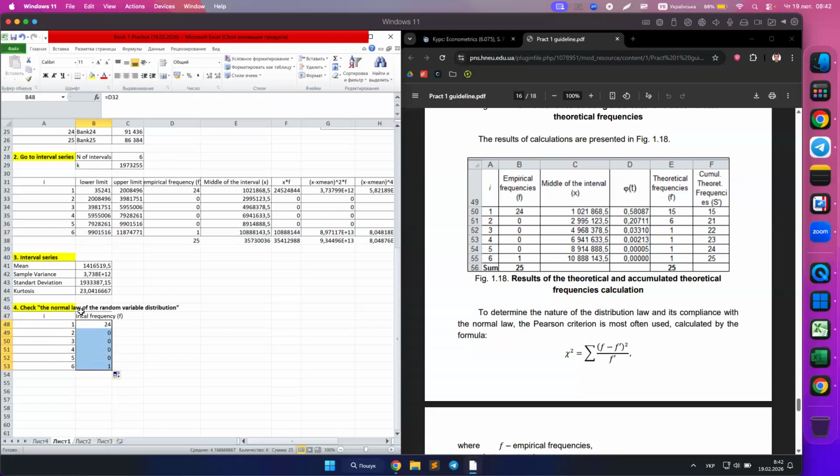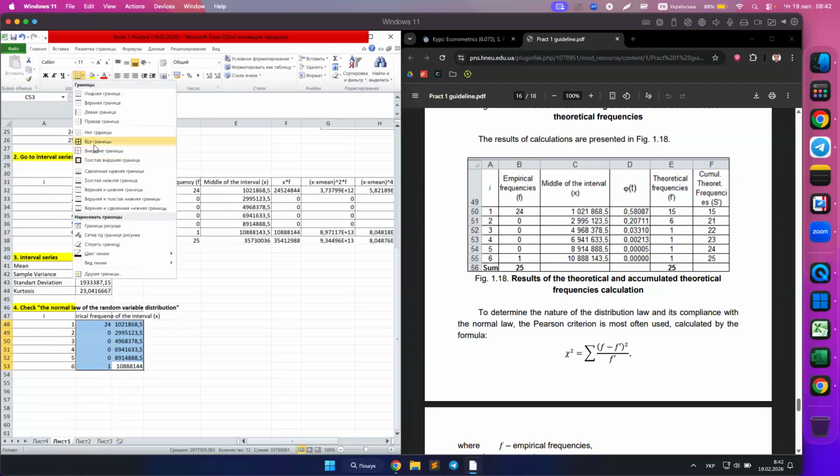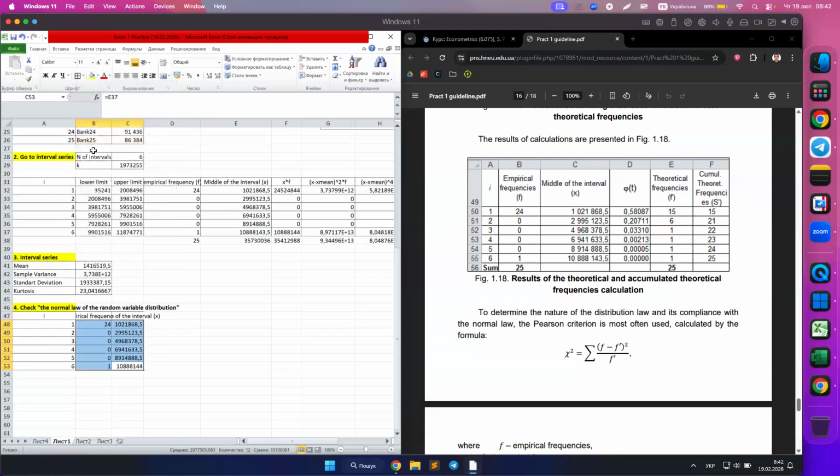After that, we have to find the middle of the interval. We have this information here, so we can add this column to the new table. Perfect. Let's add some additional columns.